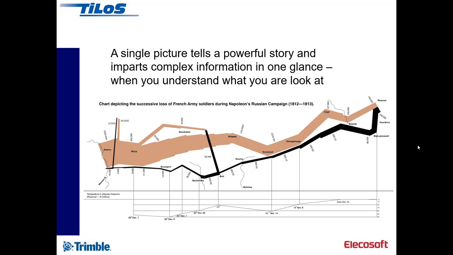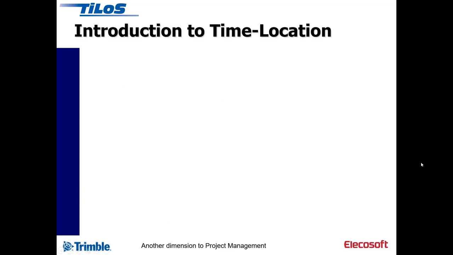This is the size of Napoleon's army marching into Russia in the early 19th century, and the brown line is the march to Moscow and the black section is the retreat from Moscow, and you can see against distance and the size of the army. So this is conveying complex information at a glance, and that's what time location planning is for.